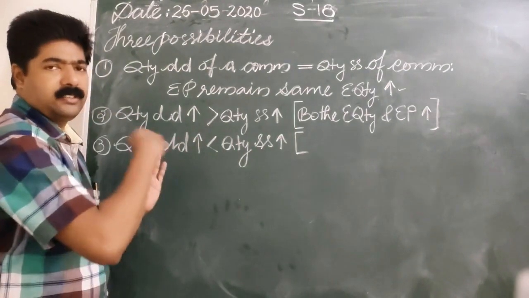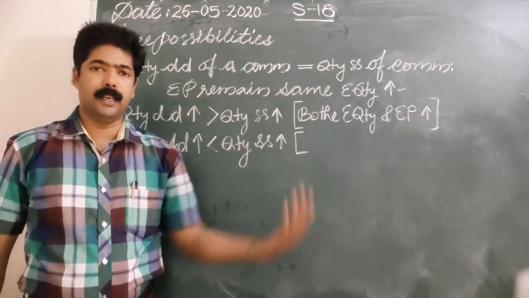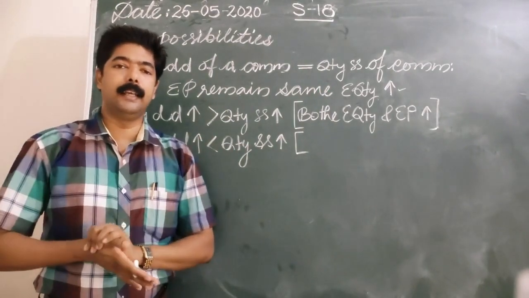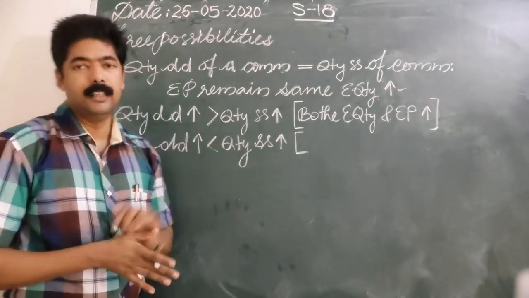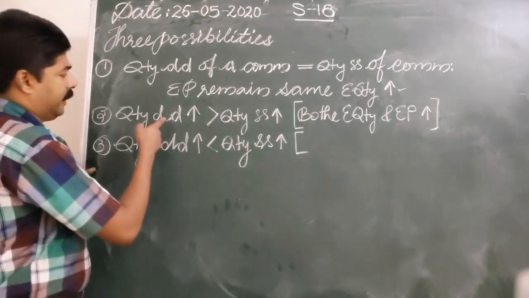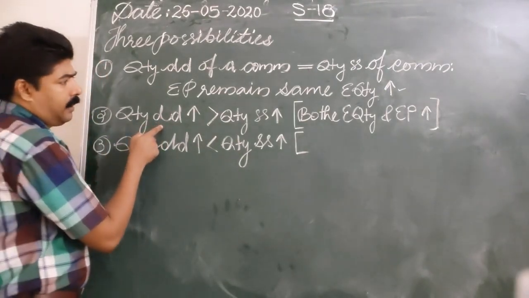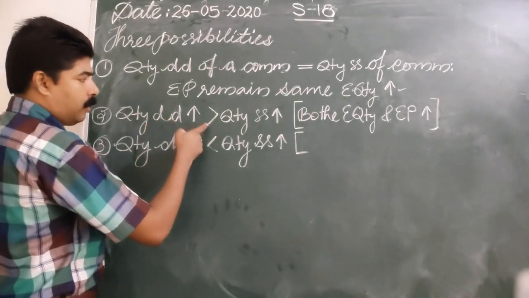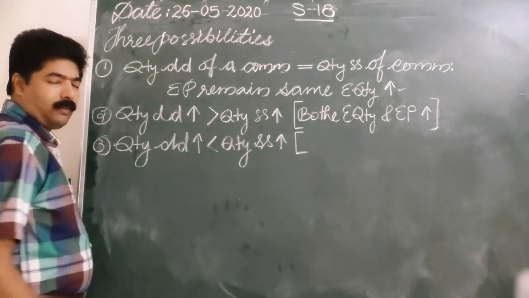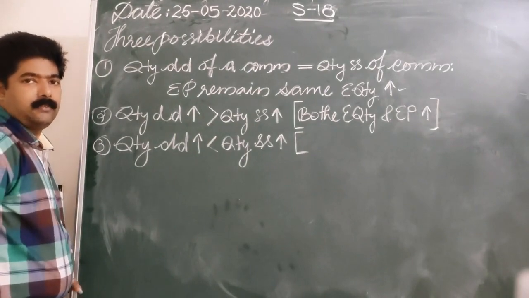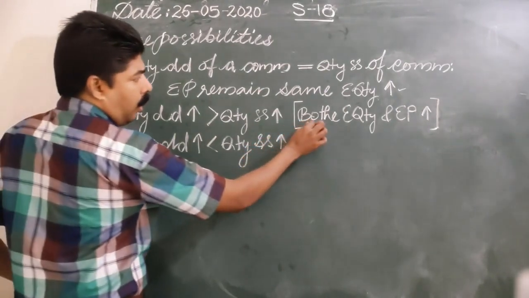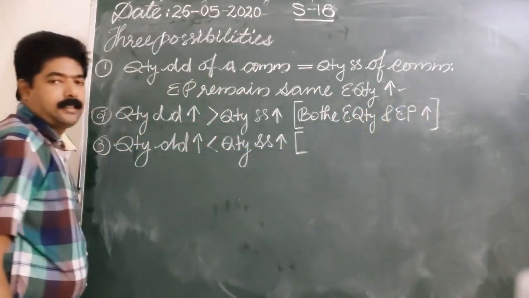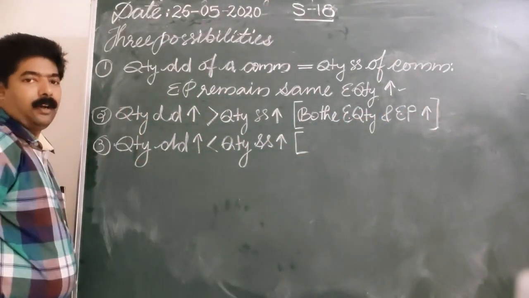When we draw an increasing demand curve, a rightward shift, there is a gap, and that gap shows that particular degree or level of change in the commodity. Similarly, we drew an increase in demand and an increase in supply, but quantity demanded increases more than quantity supplied. Then what would be the effect? Both the equilibrium quantity and the equilibrium price increase.